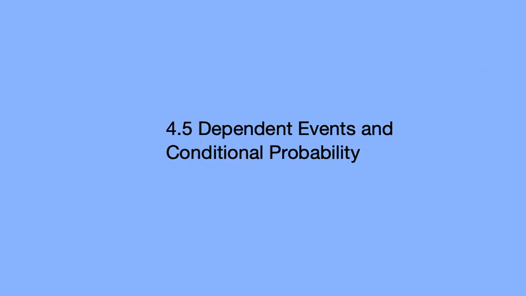Okay, today we're going to be looking at dependent events and conditional probability. So previously we've been looking at independent events, and for independent events we have the multiplication law.